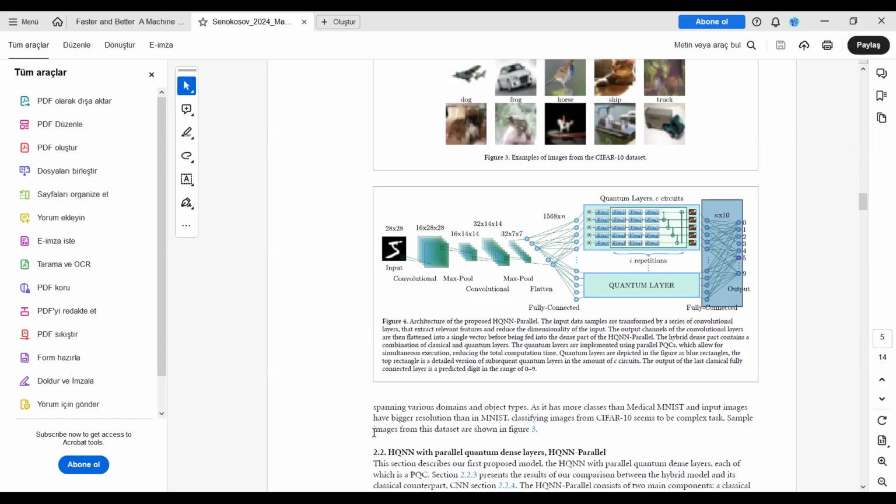But if we realize this model, we can publish a good paper. If you want, we can continue after the QIntern term finishes. If you want to work together, we can realize this part. I don't know if everybody wants that or not.